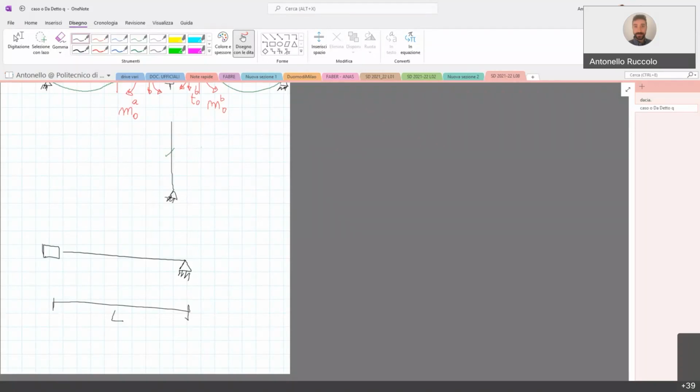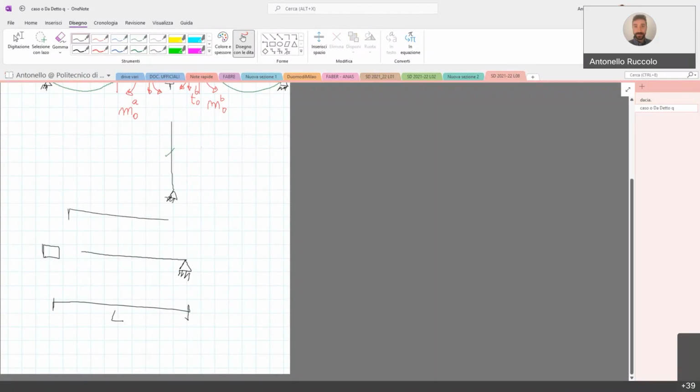Okay. I want also here to explicit what are the flexibility coefficients on the beams and on the action.